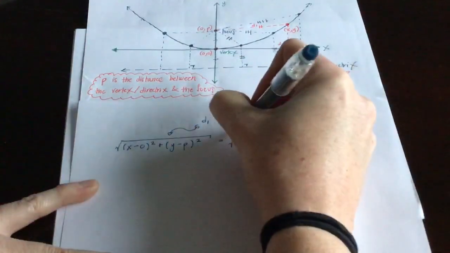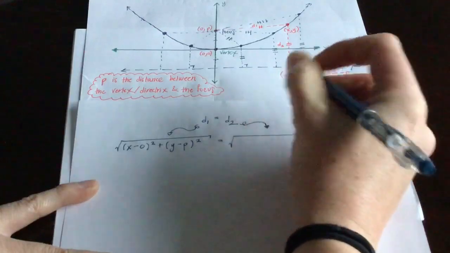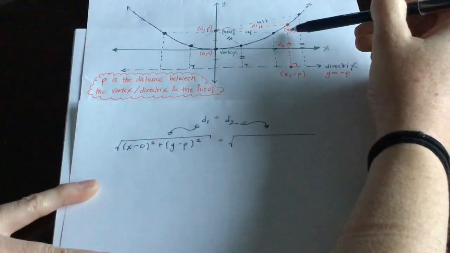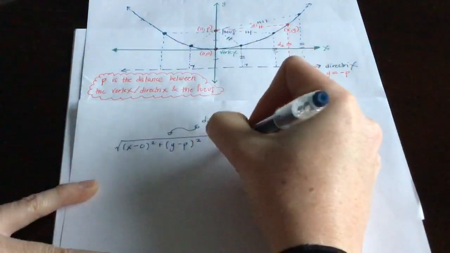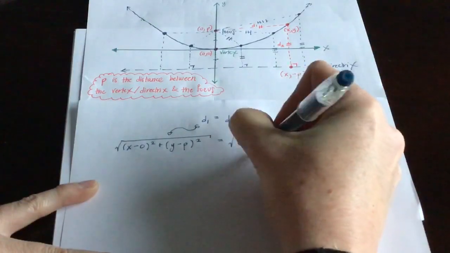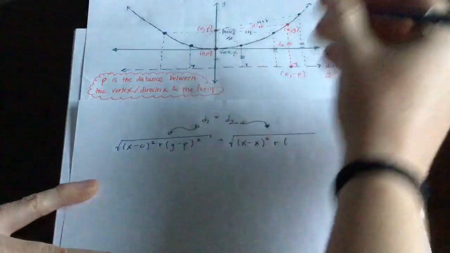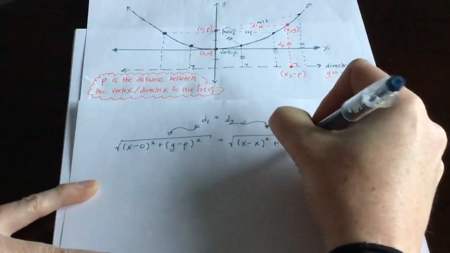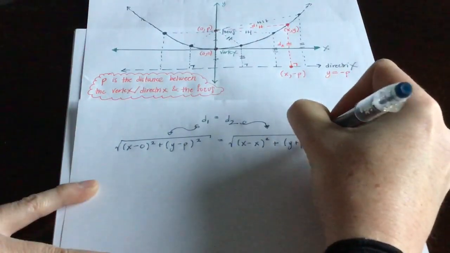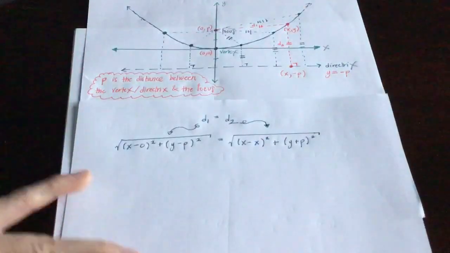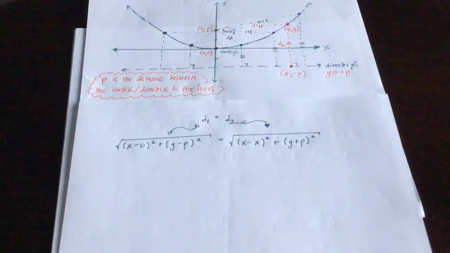And then distance 2 would be the square root of (x minus x) squared plus (y minus negative p) squared.